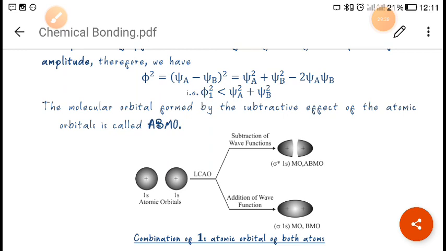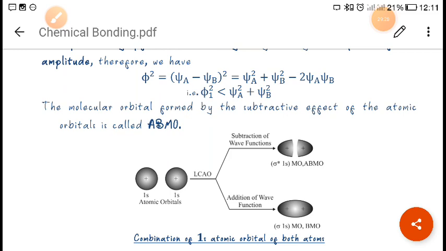In such an orbital, the electrons are in those regions of space where they are not under the attraction of both the nuclei.